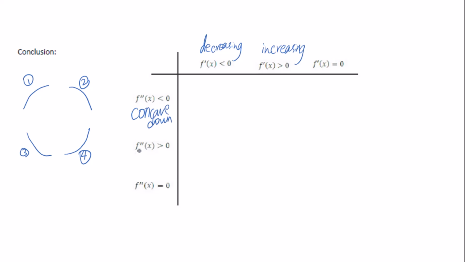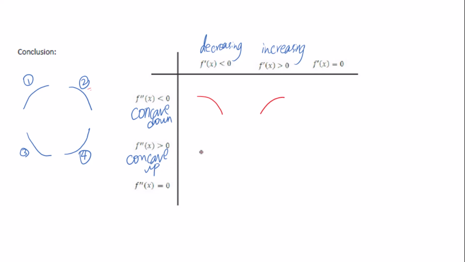For f double prime of x greater than 0, it is concave up. Concave down and decreasing will be the second one. Concave down and increasing will be the first one.